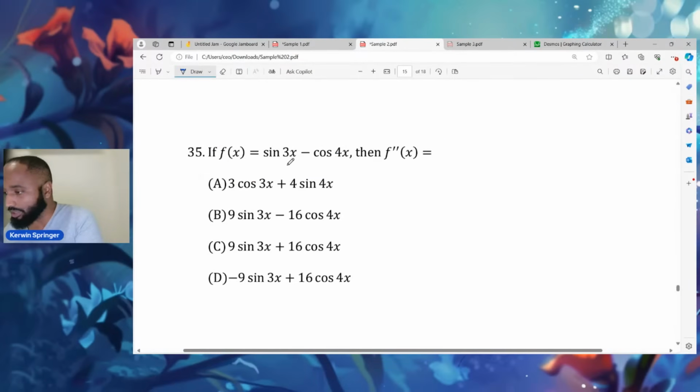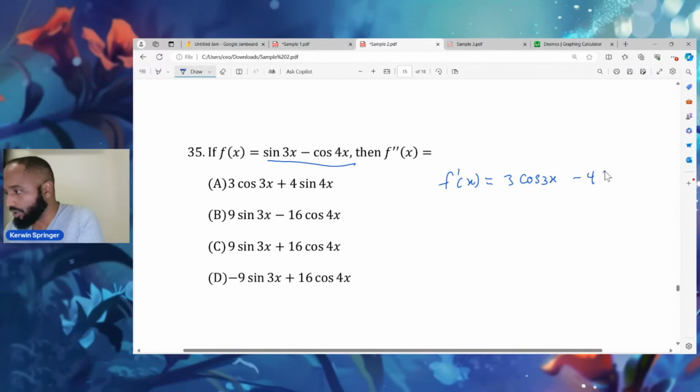If f of x is equal to sine 3x minus cos 4x, then we want to differentiate twice. So differentiating this, for the first derivative we get cos 3x, and then we need to multiply by the 3.